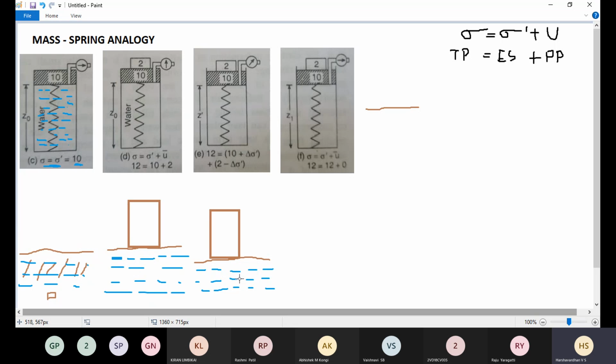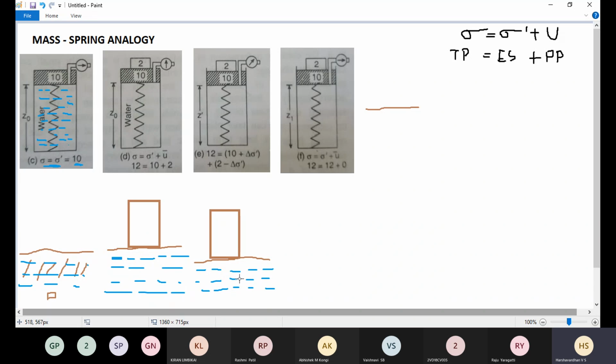This transfer takes place until all the pressure from the water is transferred to the soil. That is when the condition of equilibrium is attained. So when there is a pressure increment, please remember this, the total pressure is first taken by water.